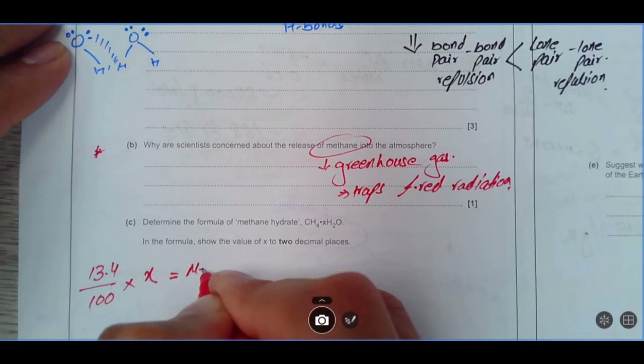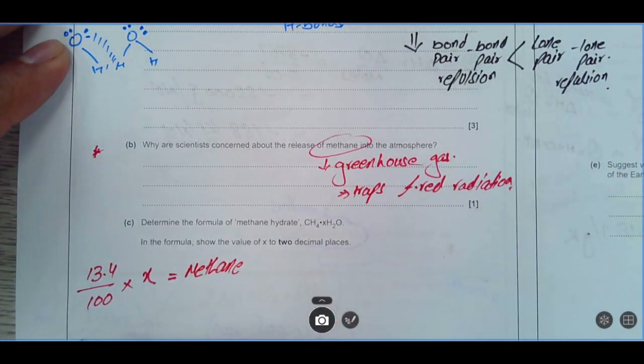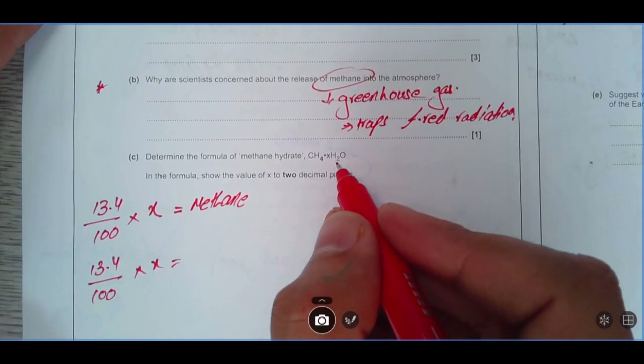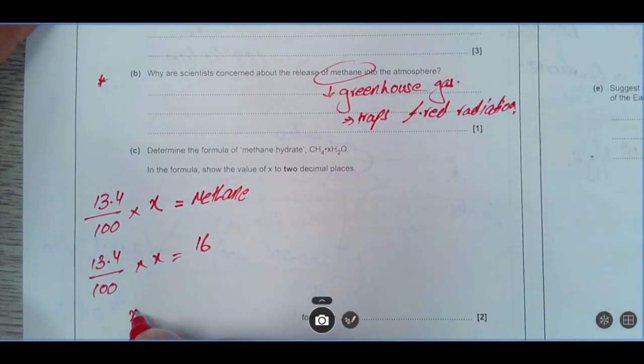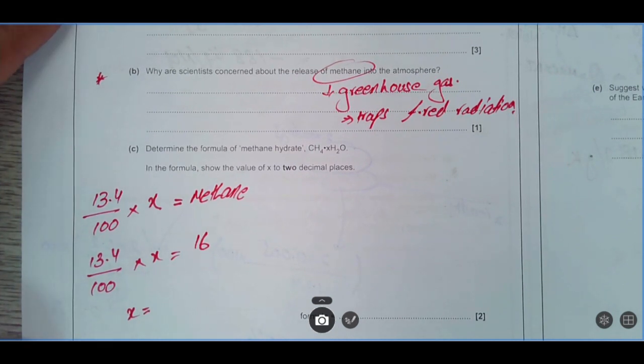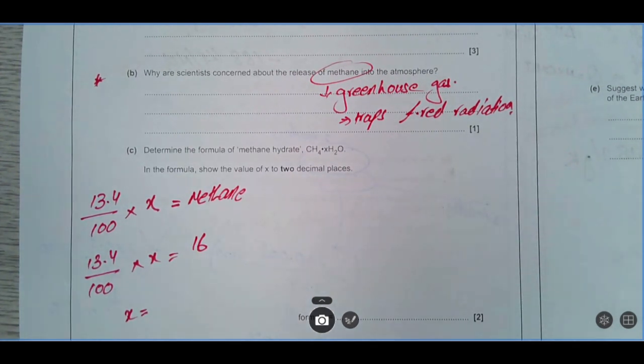Now, then I can say 13.4 over 100 times X will be equal to methane, which will be how much? 12 add 4, 16. Now from here, you can work out the value of X. If you work it out, you will end up with the value of X being equal to, how much is it?